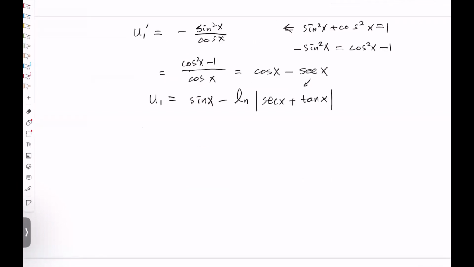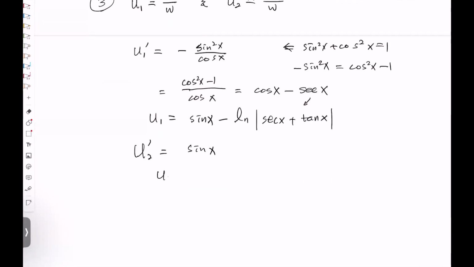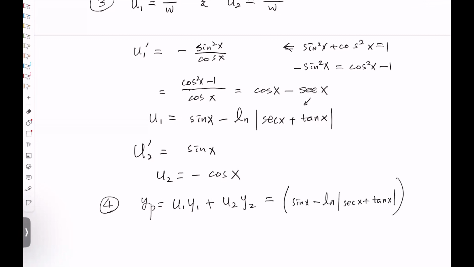And we have u2 prime is W2, sine x. So u2 is then negative cosine x. So step number 4, yp equals u1 y1 plus u2 y2. That's u1, and then y1 cosine x, plus u2 negative cosine x, and then y2 sine x.